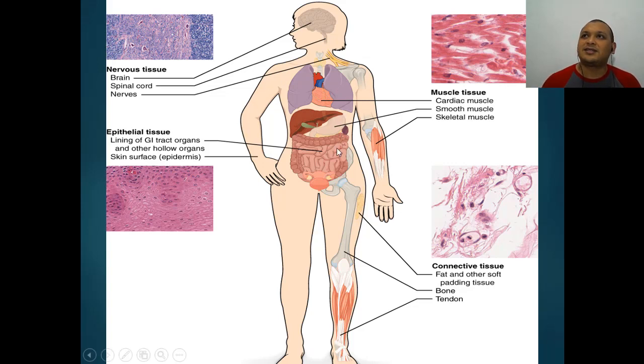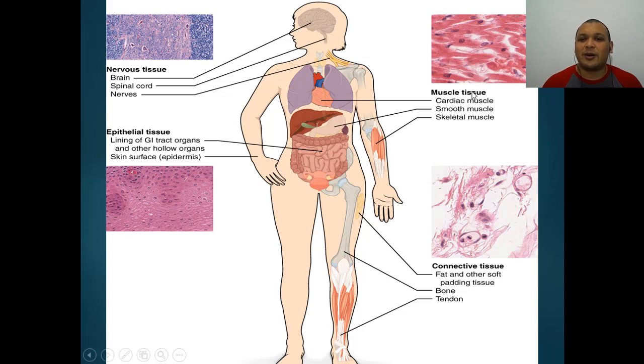But the key point for epithelial tissue is that it is always found on the surface of the body. For example, we can find it on the surface of our skin, the surface of our digestive tract, and the surface of our respiratory organs. So mostly everything on the surface will be wrapped by epithelial tissues.